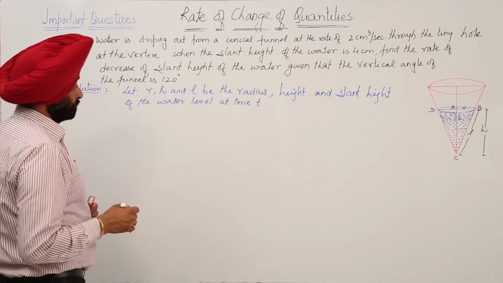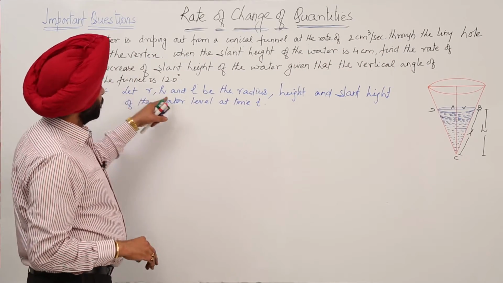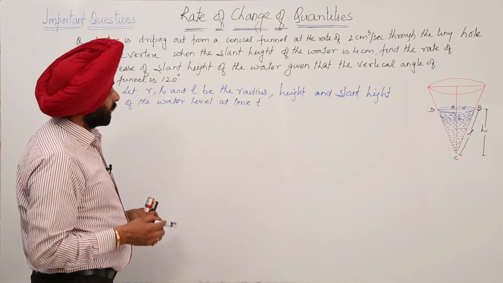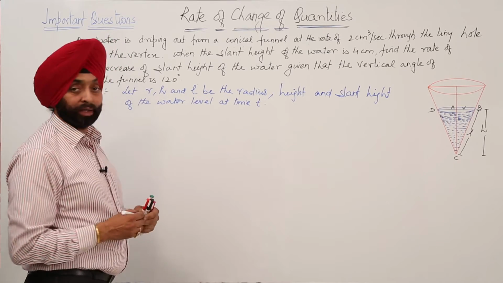Okay, now r, h and l be the radius, height and slant height of the water level at time t.